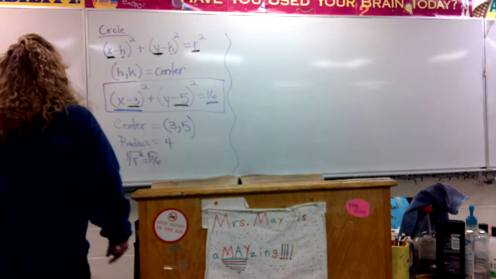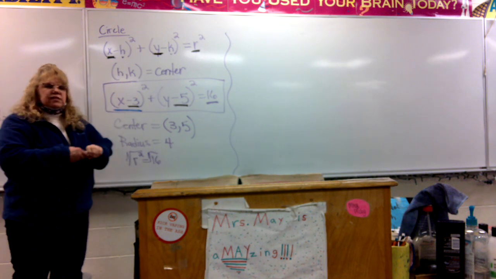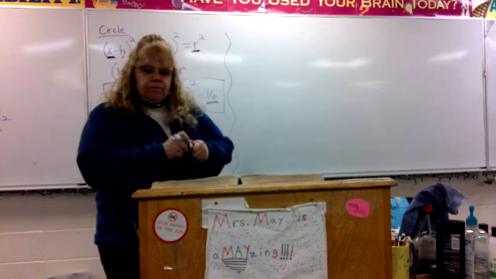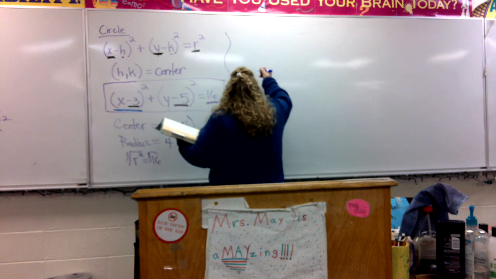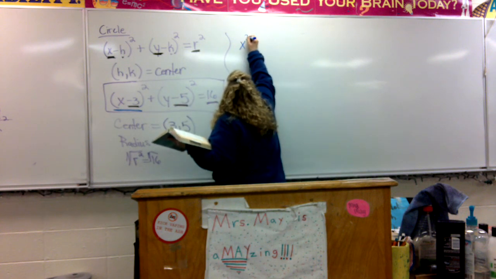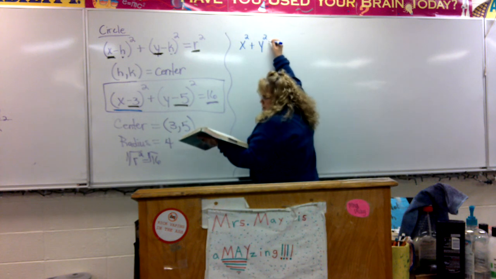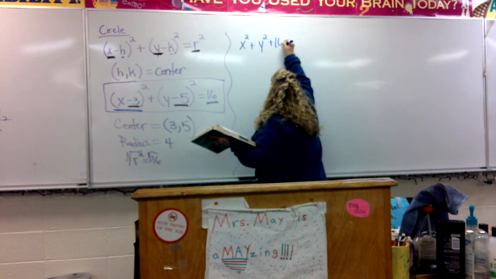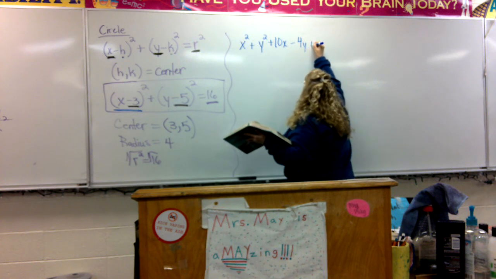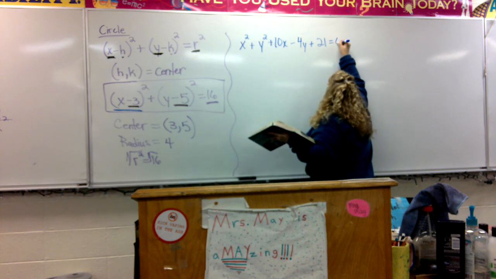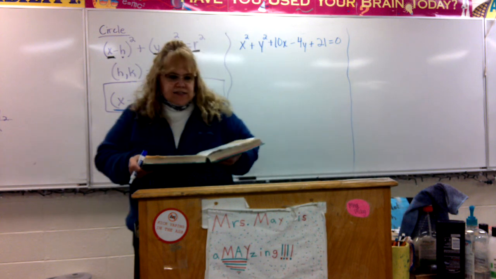So that was fairly easy, wouldn't you agree? Getting the center and the radius when the equation looks like this? Easy? Well, today, you're going to do the same thing. Give me the center and the radius of that.